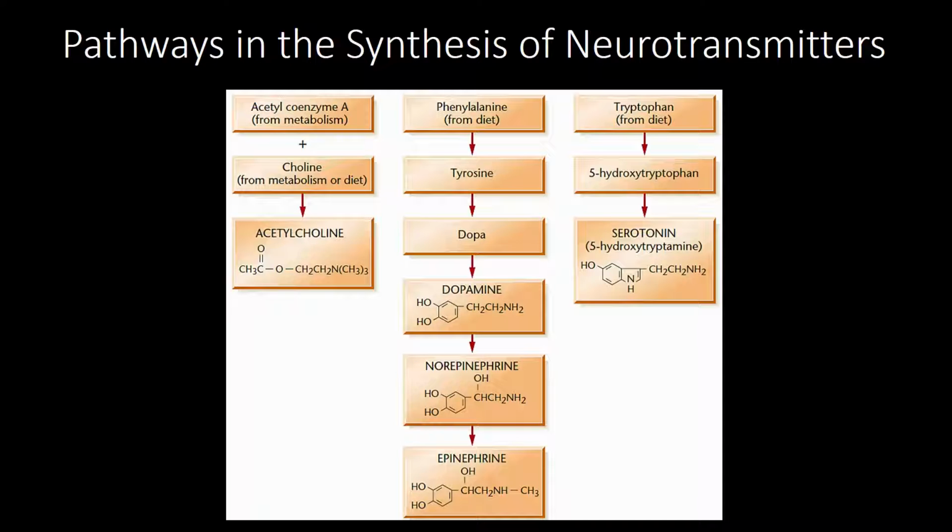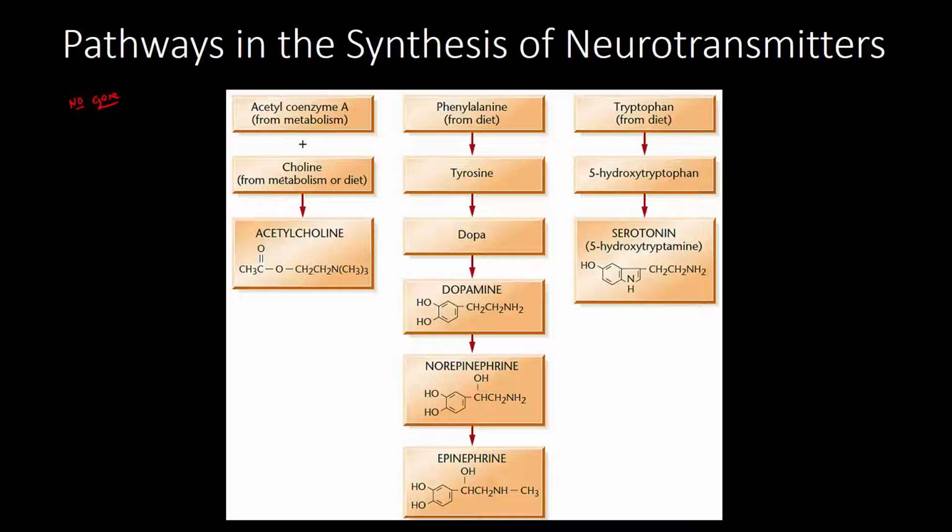Now for the neurotransmitters, I want to focus on their synthesis, how they're made. Acetylcholine, dopamine, norepinephrine, epinephrine, and serotonin are all small. There's no gene for these. There's no gene for acetylcholine. If you want to make acetylcholine, you're going to take acetyl-CoA plus choline.